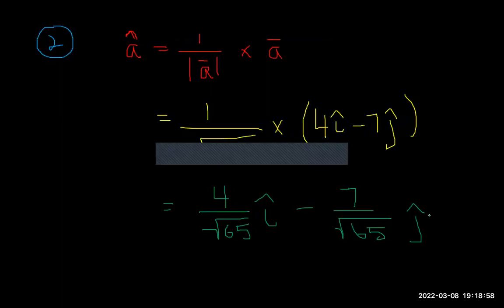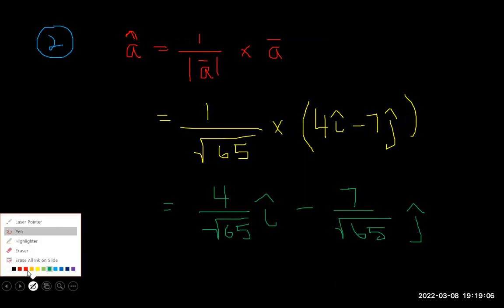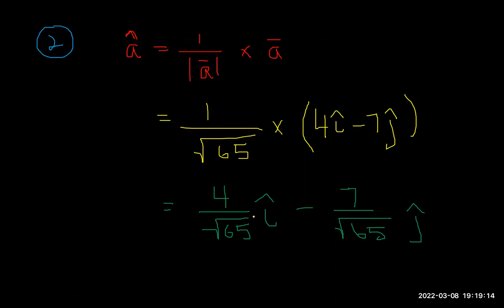That's all you have to do to get all the marks. This is the answer. If in the exam they ask you to find the unit vector, you do all the steps, you get your final answer. If you want to make sure the answer is correct, the definition of a unit vector is a vector that has a magnitude of 1.